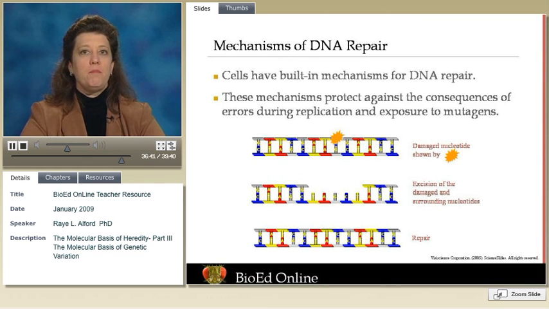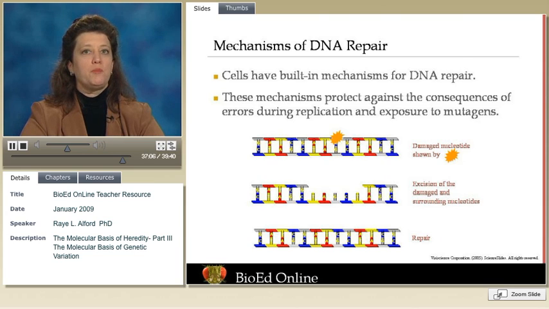Cells have built-in mechanisms for DNA repair. The first step in DNA repair is recognition of the DNA damage. The next steps depend upon the type of damage that has occurred. For example, if the damage is to a single nucleotide in a gene, typically the damaged base is removed and replaced through a process called nucleotide excision repair.